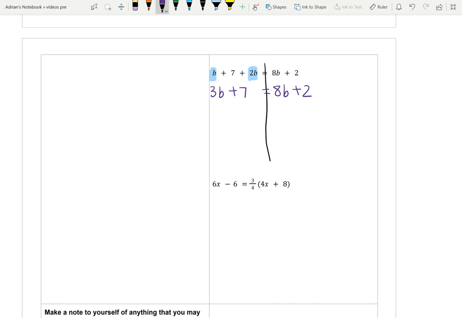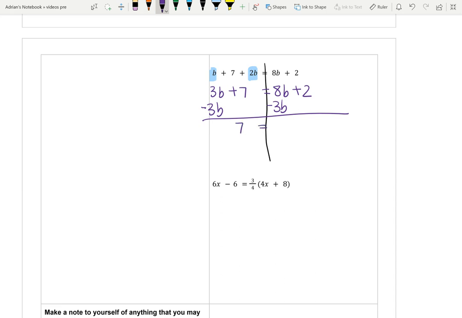And now my goal is to get that letter to one side. So there are technically multiple ways you could go about this. I could subtract the 8b and move that over here, or I could subtract the 3b and move it over here. In the end, you should get to the same answer though. I'm going to go ahead and just subtract the 3b.